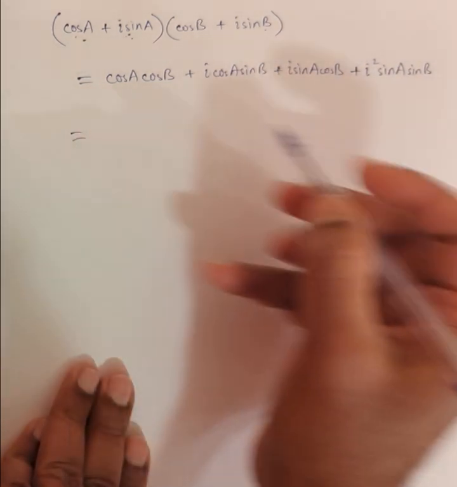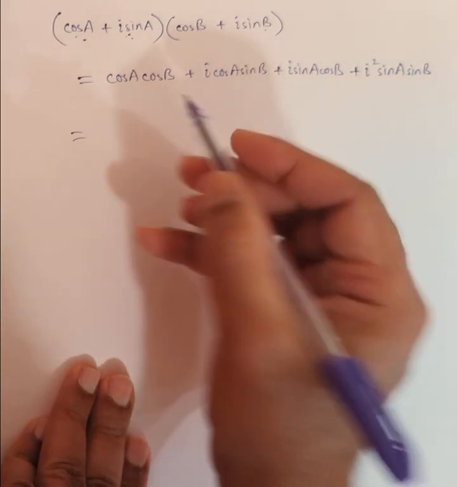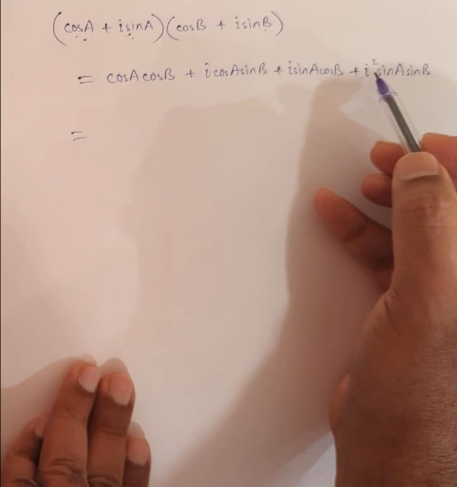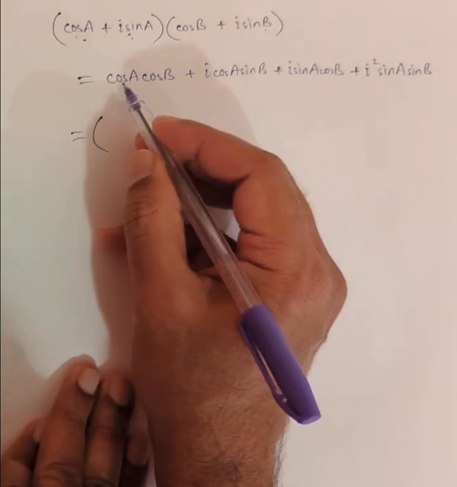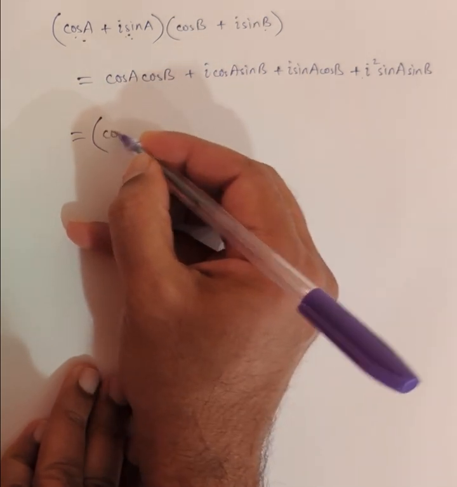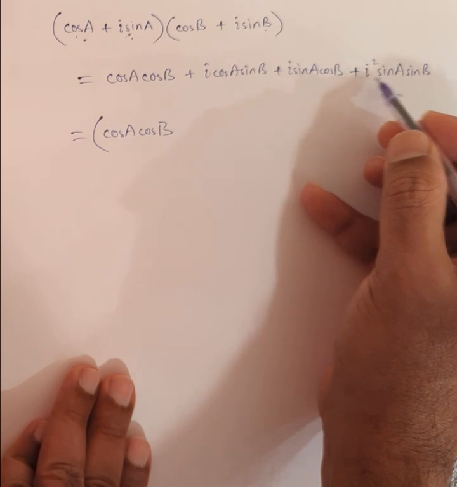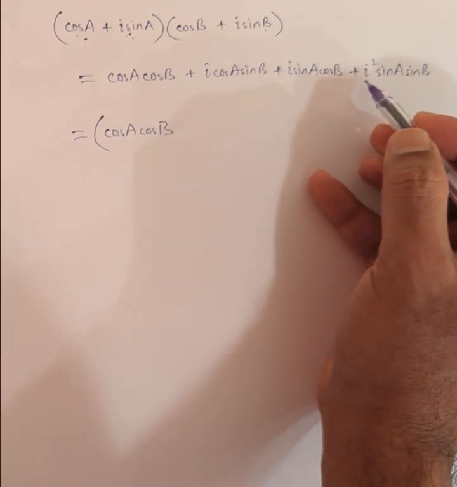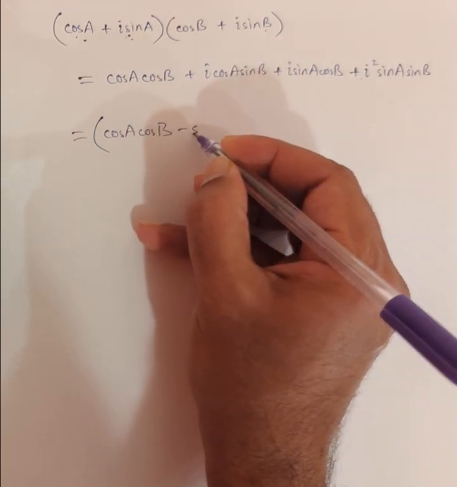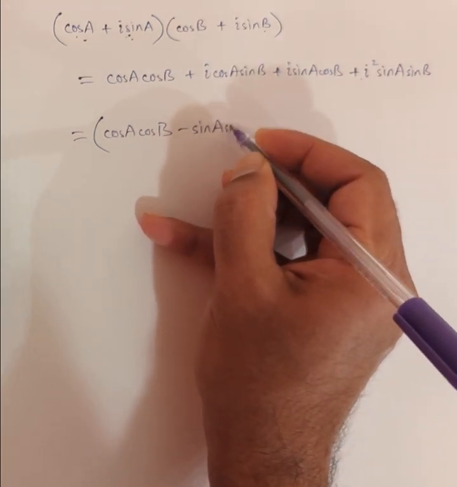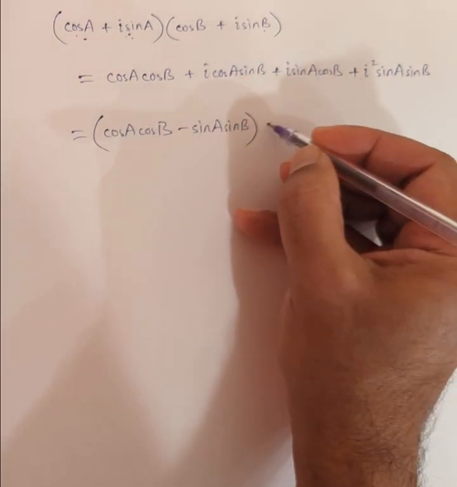So notice that this is simply minus sine A sine B, because i square is negative 1. I can combine the real parts. The real part is cosine A cosine B. That does not have i in it. And this one has i square, which is simply negative 1, so that can be written as minus sine A sine B. The other two terms have i in them.